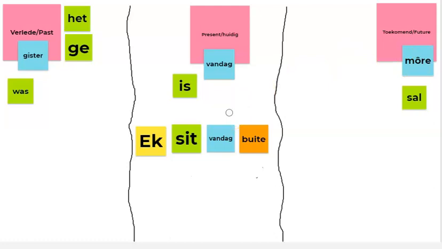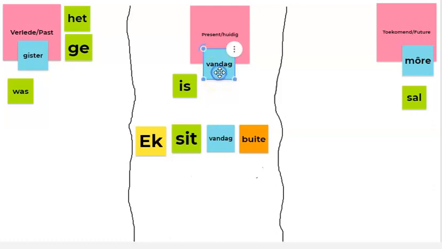So let's look at some specific words that perhaps you'll understand a little better after I've explained it. When we speak about the present tense, we use the word vandag, because vandag means today.